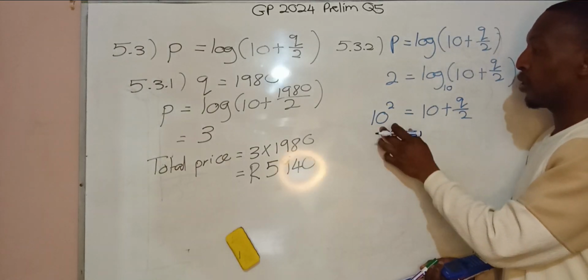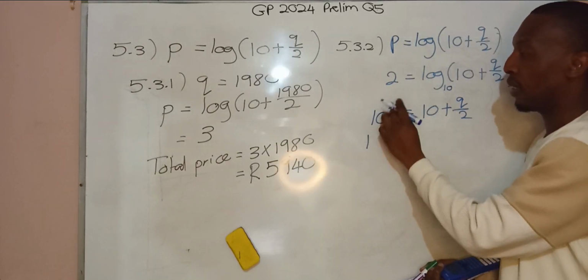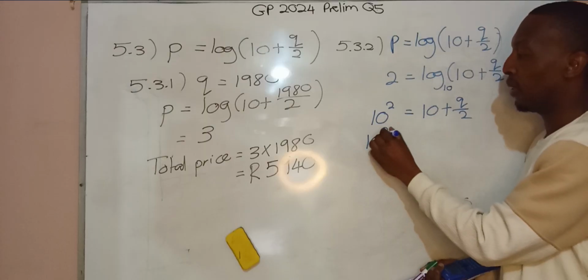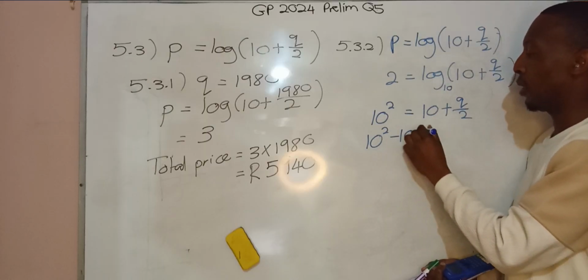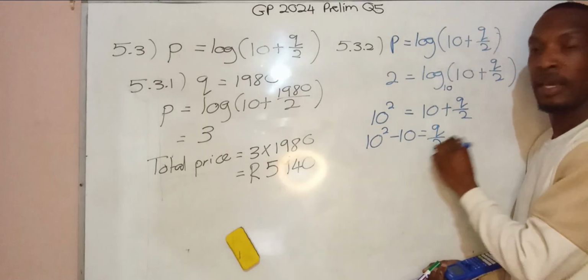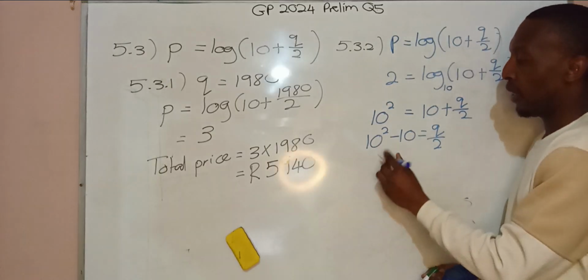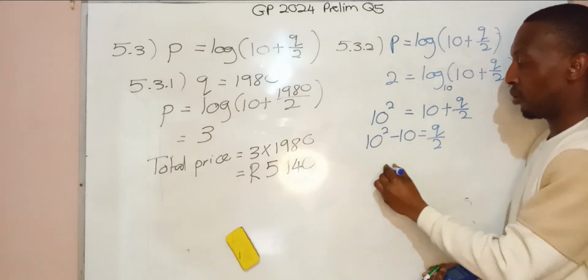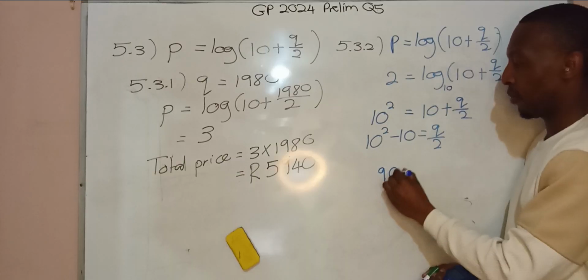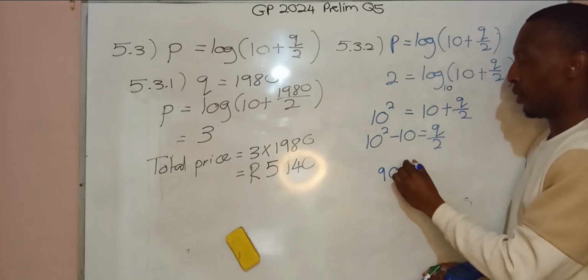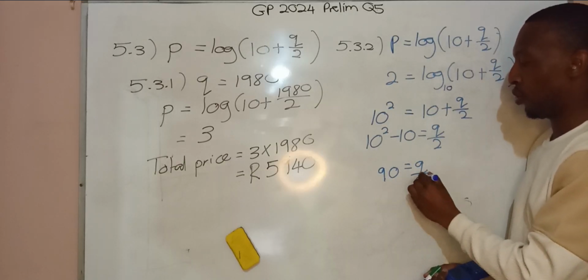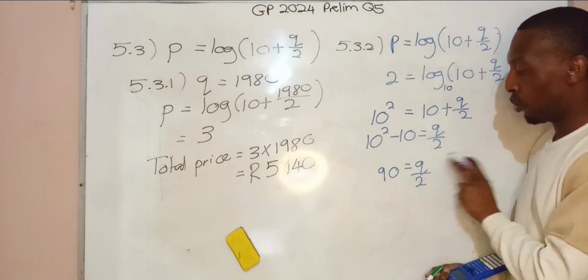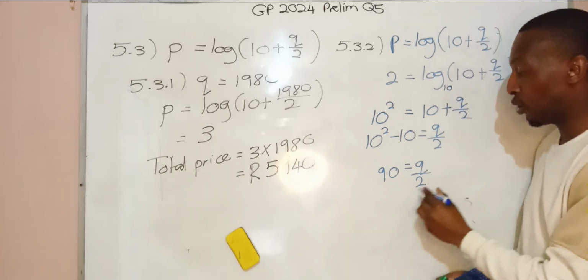We can now just solve for Q. So let's take this over. This 10 squared is 100, but let's do it step by step first. So this is 100 minus 10, which is 90, is equal to Q over 2. Solving for Q means multiply both sides by 2.